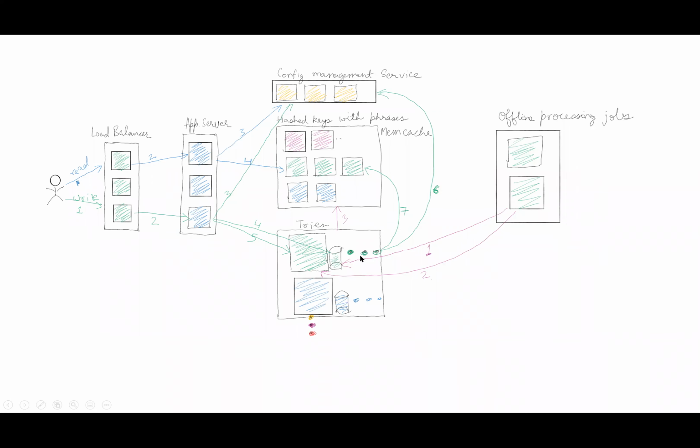I see that red arrow with the 3 next to it as analogous to the green arrow with the 7 next to it. I think offline processing jobs will also need to talk to config management service to gather the snapshots at each and every partition, right?